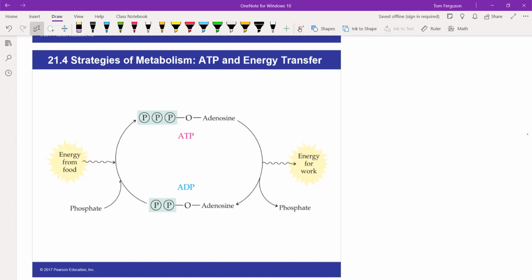Whenever we need energy, we take an ATP and hydrolyze one of the phosphate groups off of it, generating a phosphate group. And that releases energy. To make an ATP, going this way requires energy and a phosphate group as well.